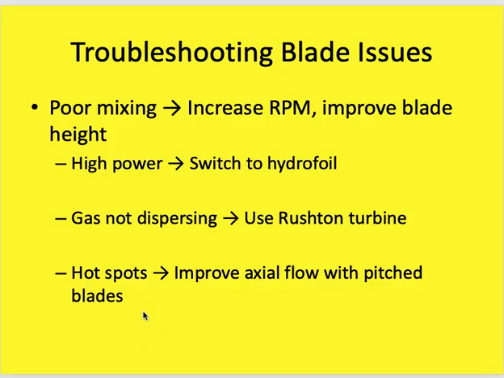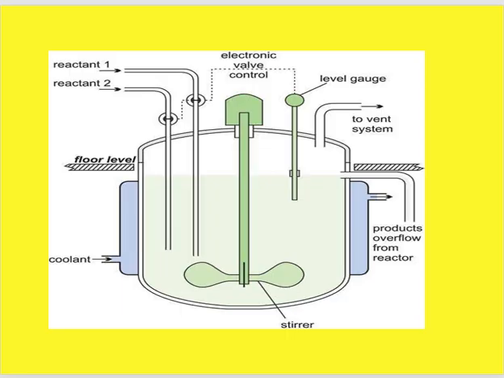So in this lecture we discussed what is meant by CSTR, which is the continuous stirred tank reactor. We mentioned how this type of reactor is important, and what the main parameters are that we need to control for the rate of the reaction in this type of reactor.